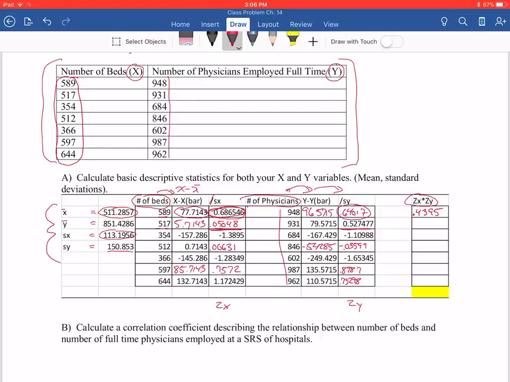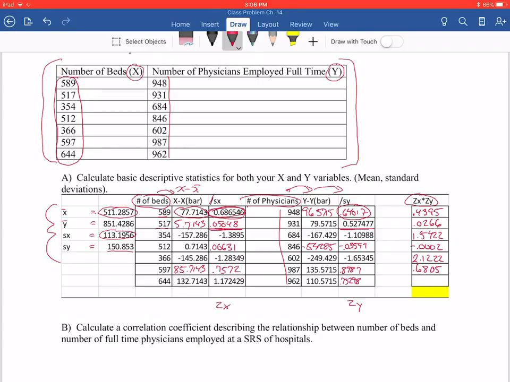Same thing for the bottom. You just take the value that you got for your z of x, multiply it by that value of your z of y, and you get 0.0266. You keep doing that all the way across, multiplying your z of x times your z of y, and I'll finish filling in your chart here.